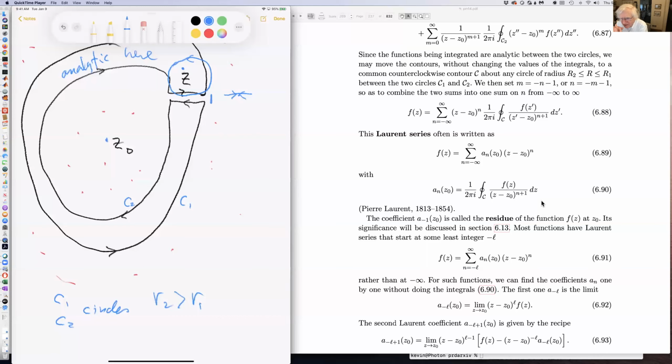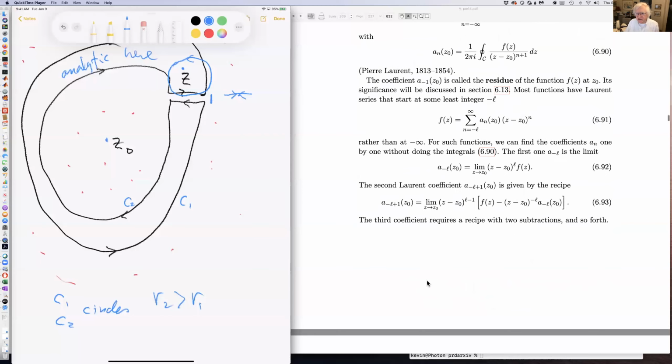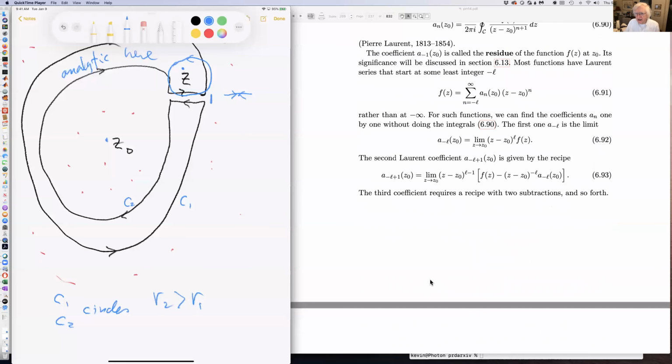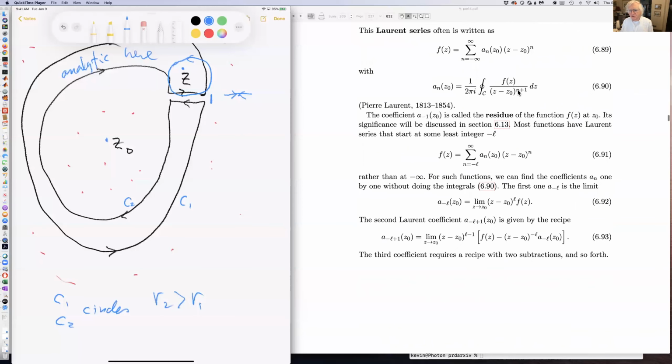Now, most functions that we like to deal with have series that start at some least integer L. And so they go from minus L to infinity, a_n of z0 times (z - z0) to the n, rather than from minus infinity. And we can then find the coefficients without actually doing these integrals.